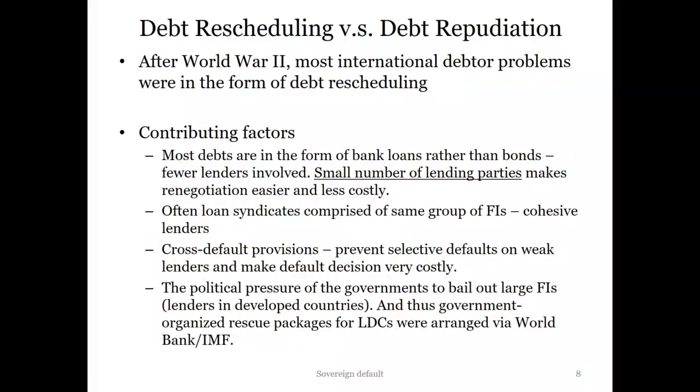And this is a little bit of discussion about why nowadays we rarely see any debt repudiation, but rather debt rescheduling, which is a good thing, right? This is mainly because nowadays most sovereign debts are in the form of bank loans instead of bonds.